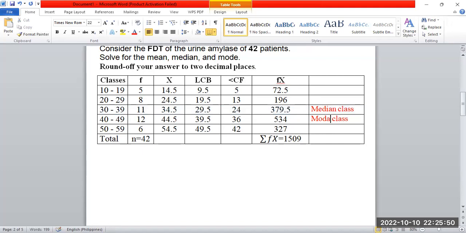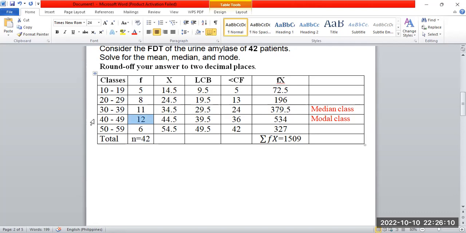Okay, and then for the modal class, so when we say modal, the mode, it is the most frequent value. So look for the frequency. Di ba pinakamarami? So the highest frequency is 12.